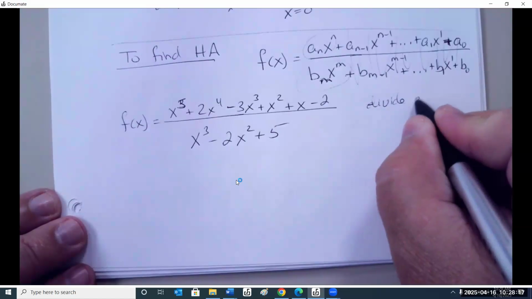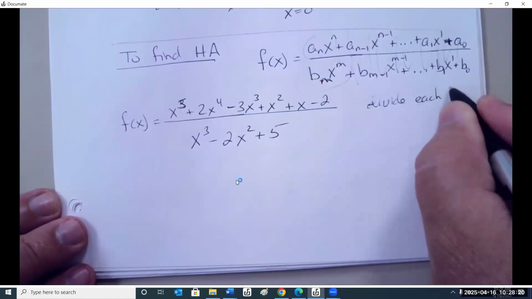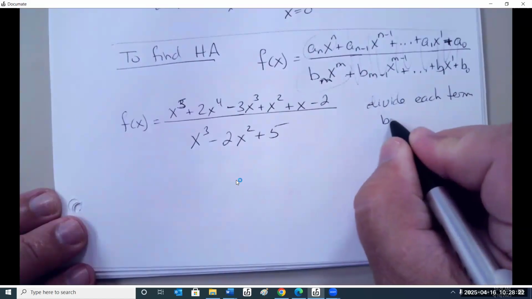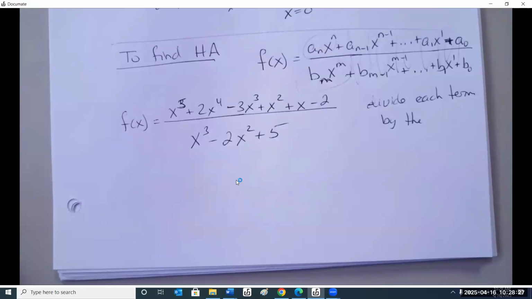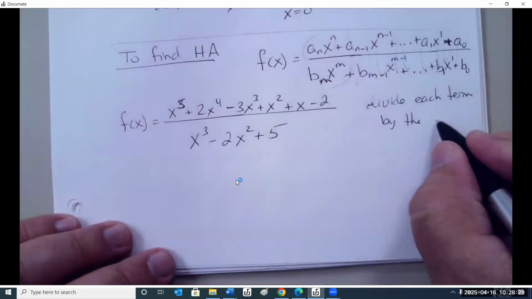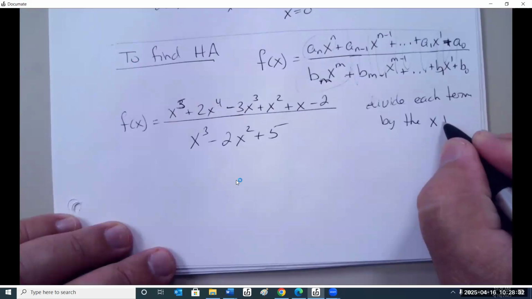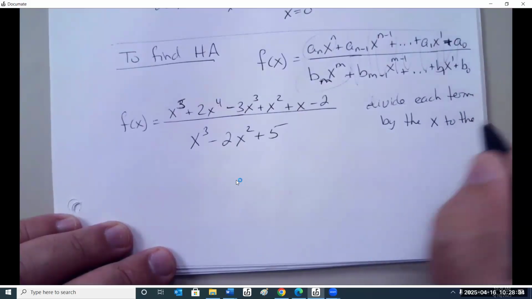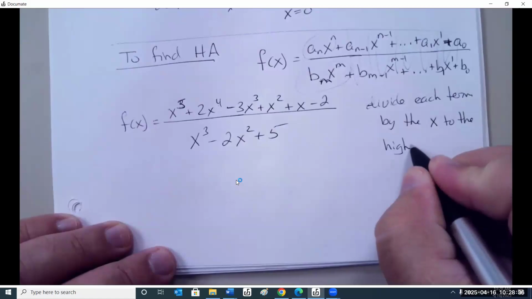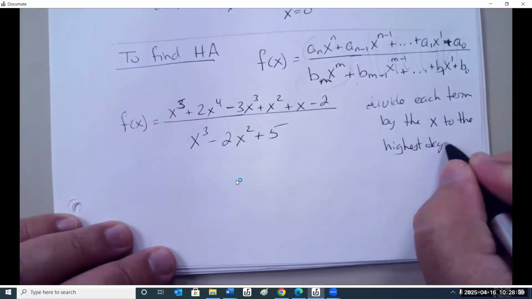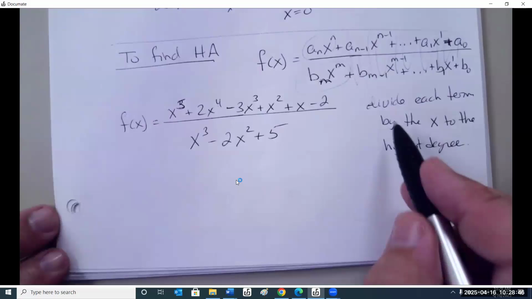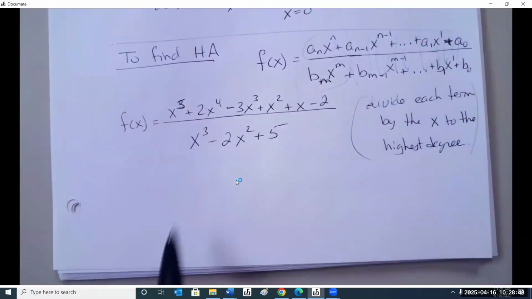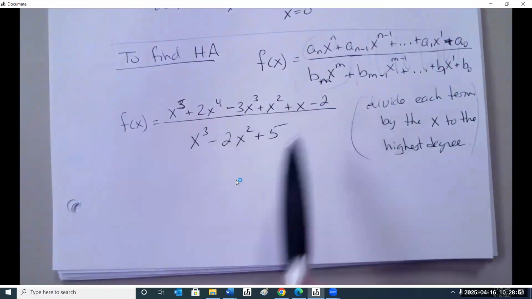Divide each term by the x to the highest degree. So to figure out what's going on in this equation, divide each term by x to the highest.